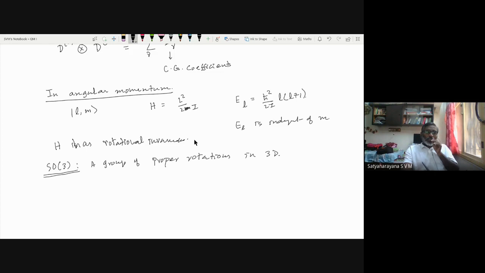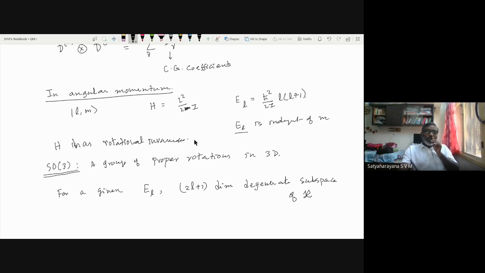When you represent it on the Hilbert space of this particular system, since each E_L is independent of M, for a given E_L you have a 2L plus 1 dimensional degenerate subspace of the total Hilbert space H. Now this degenerate subspace will become an invariant subspace under the action of this group.